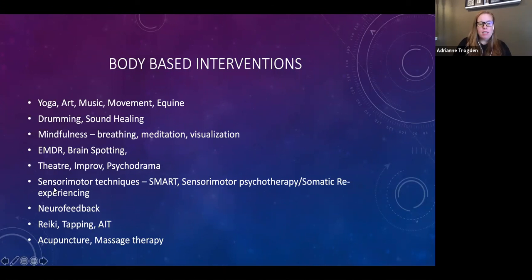Sensory motor techniques, which again is playing on your 5 senses and connecting your senses and kind of helping you deal with the trauma, but also is applicable to addiction. SMART, sensory motor psychotherapy, somatic re-experiencing, which deals with what's going on in the body and what's being triggered physically.